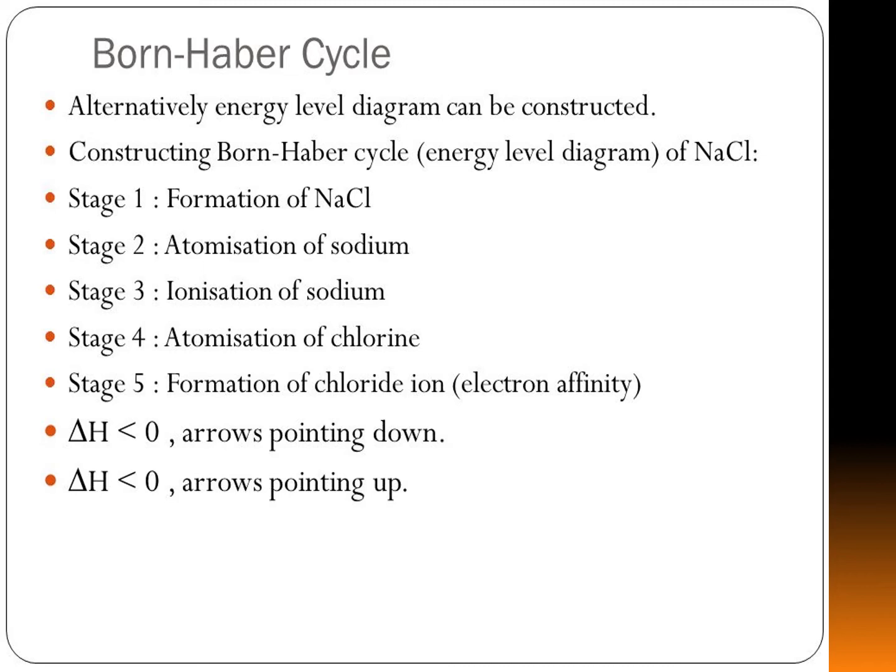The cycle is concerned with the formation of an ionic compound. Ionic compound na positive, negative ரெண்டும் இருக்கு. That is the ionic compound, from the reaction of a metal with a halogen or other non-metallic elements such as oxygen. Now, this Born-Haber cycle is primarily used in calculating lattice energy, which cannot be measured directly.